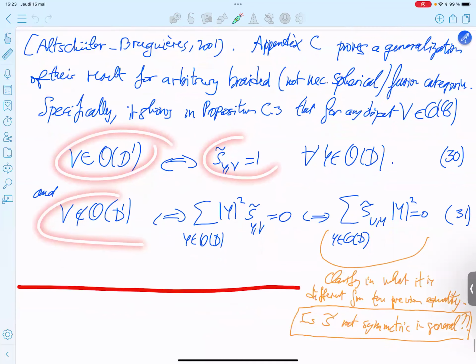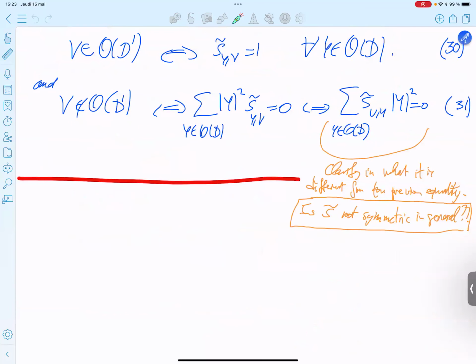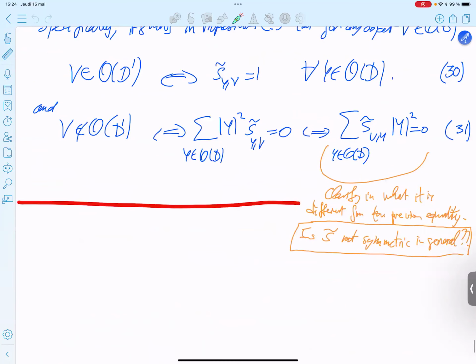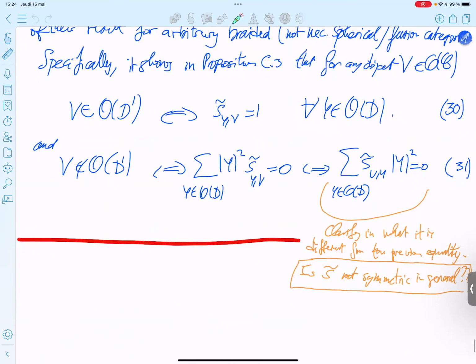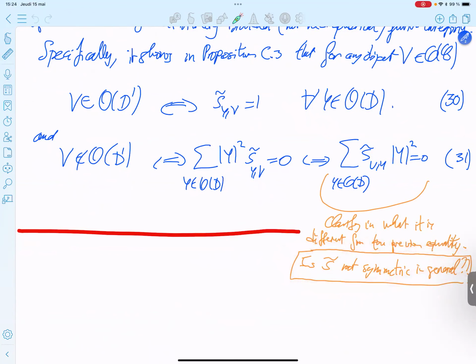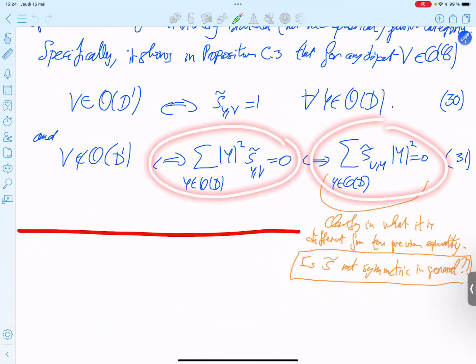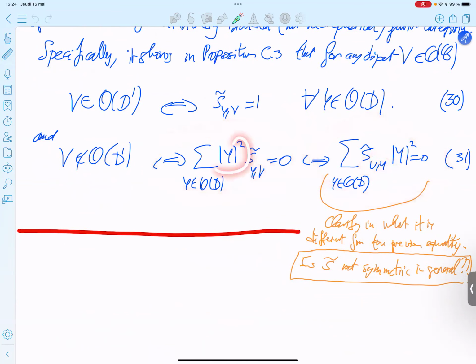Another thing here. Okay, so here I ask a question. I don't want to come back to this question. I was wondering what is the difference between this equality and this equality. You see here you have yz, here you have vy, here you have a number. So the only difference is the order. So, unless I'm mistaken, this implies that the S-tilde is not symmetric in general.